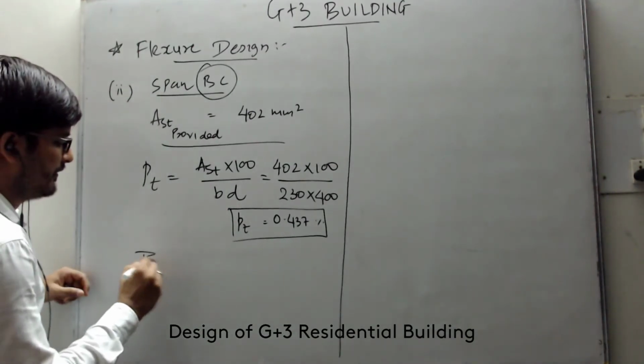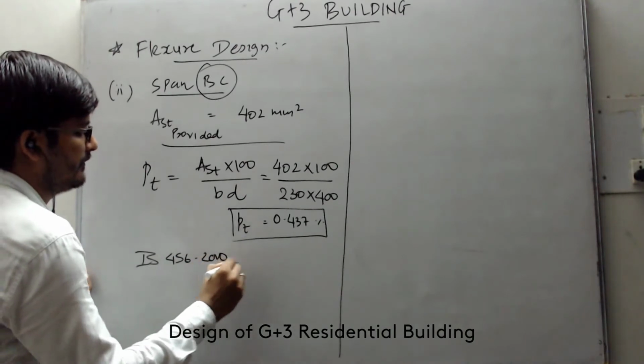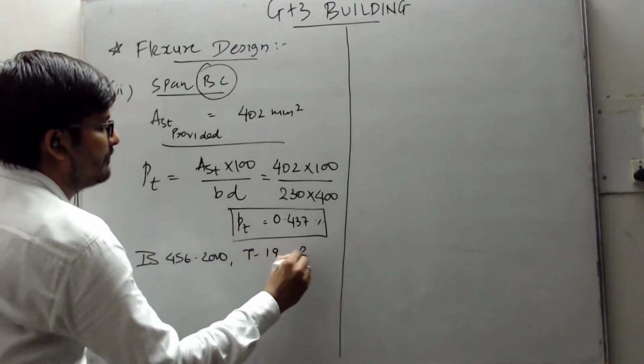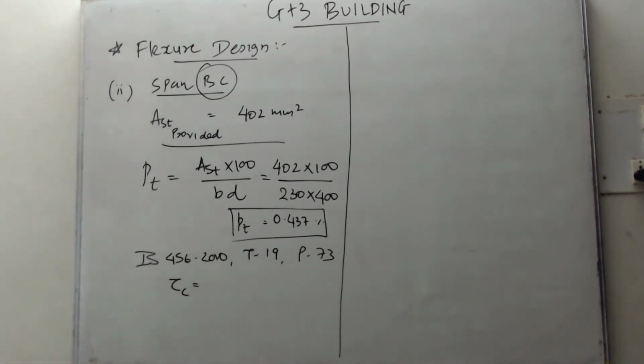IS 456 2000, table number 19, page number 73. Tau C value after interpolation I am getting as 0.47 Newton per mm square.